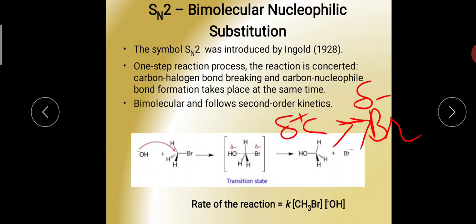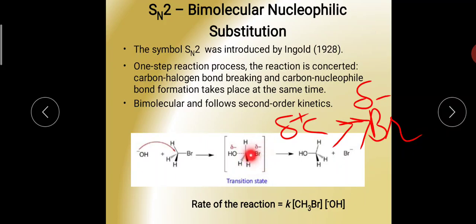So once this OH transfers its electrons to the carbon and forms a bond, in other words, I cannot say it completely transfers. When this forms a bond with the carbon, then bromine has to go away with its pair of electrons. In other words, when OH minus starts donating its pair of electrons to carbon, then bromine, the valency is satisfied, right?